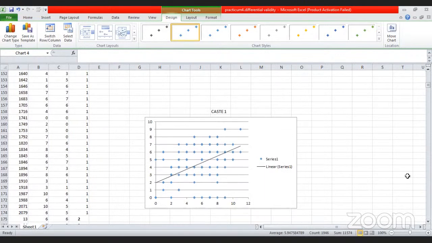See, this is the scatter plot for caste 1. And this is the best fit line. Okay. Anyone know what a scatter plot is?